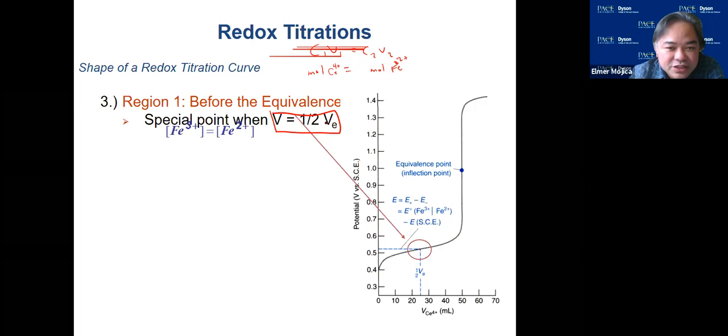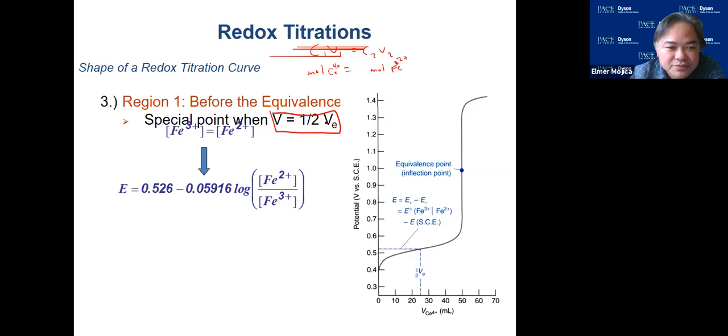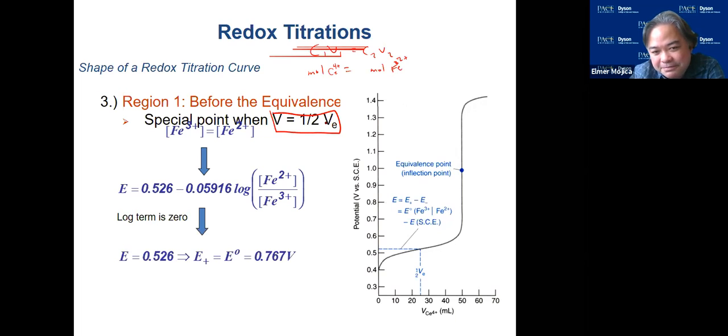Okay. So at this volume, what can we say? At 1/2 of the equivalence point, we're going to have the same concentration of Fe3+ and Fe2+. So this ratio will become 1, and log of 1 will give you 0.